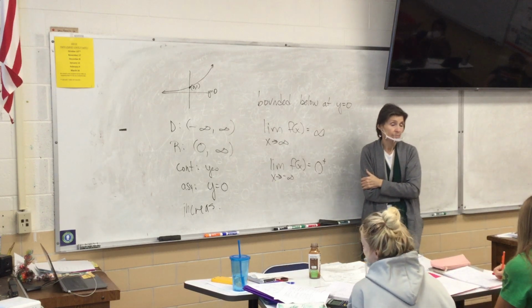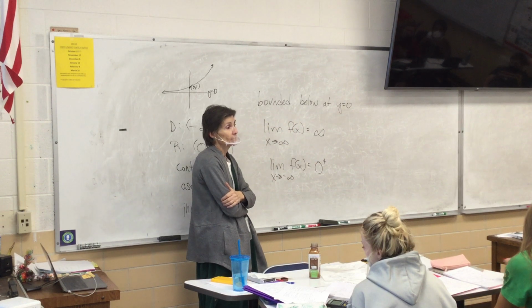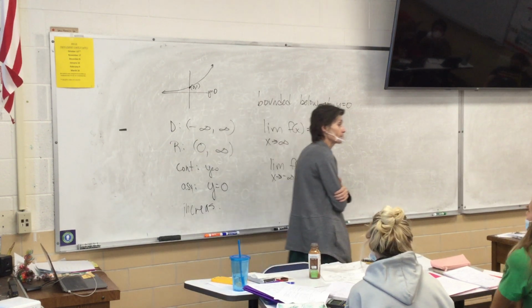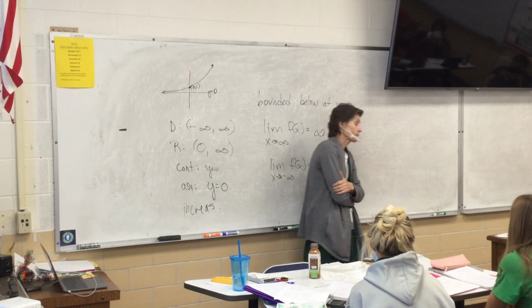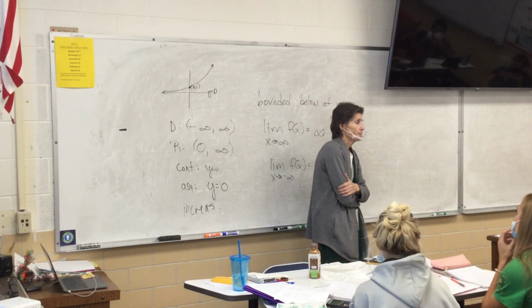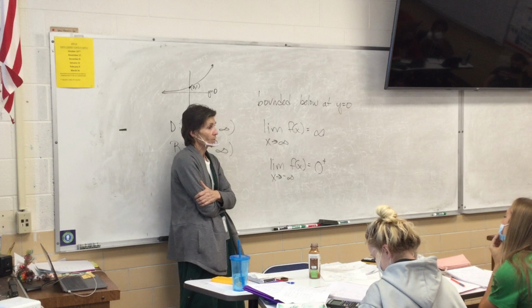This one does not. No max. No min. I won't ask you that about sine and cosine until chapter 4, but not yet. You just need to know the shapes right now of those.